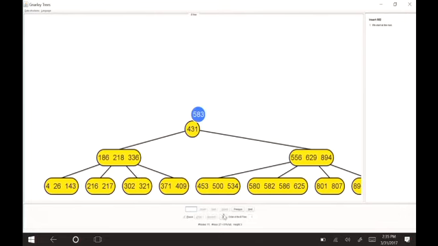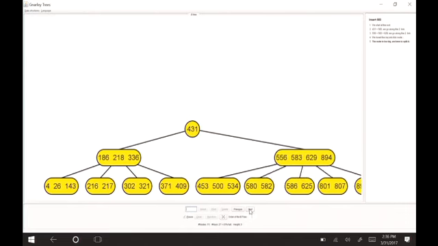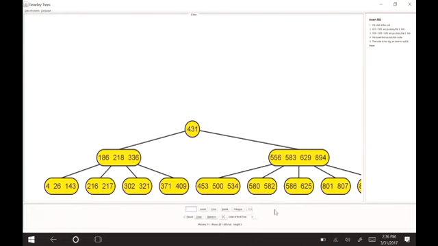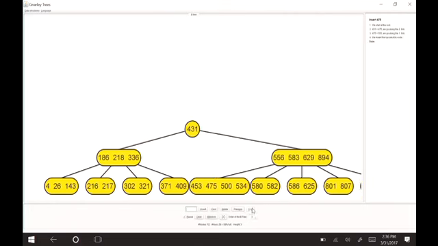Next, next, next, next. What's going to happen? 583 gets thrown up. Okay? Yeah, you like it? I'm going to insert one more for you, 475. Insert. Next, next, next. No surprises.